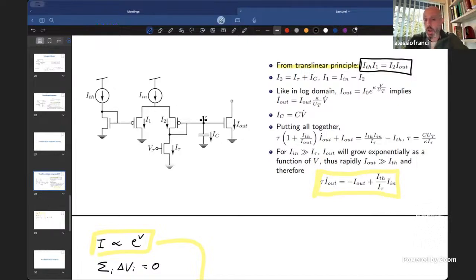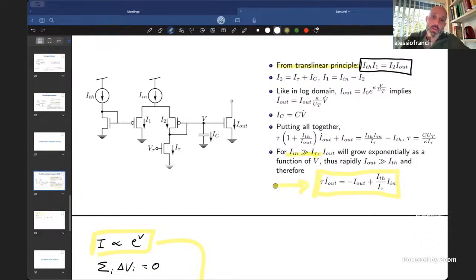And then you can write Kirchhoff's law for this system, use the exponential relationship between voltages and currents, do some algebra, use some approximation for the regime in which your equation will be valid, and eventually you get to this differential equation.